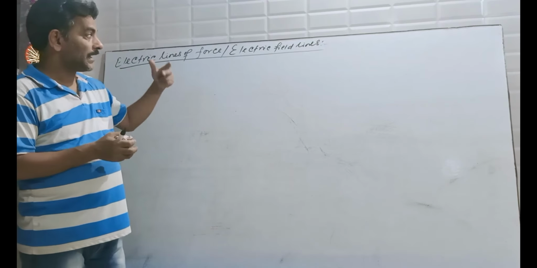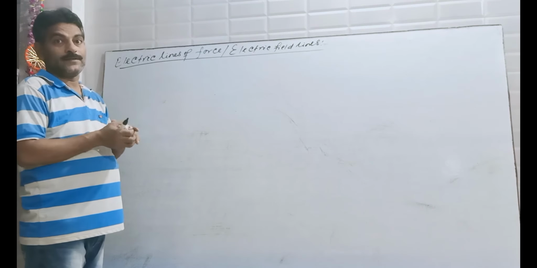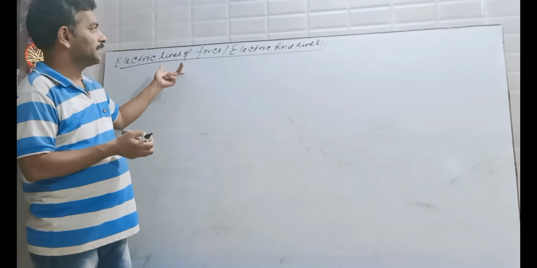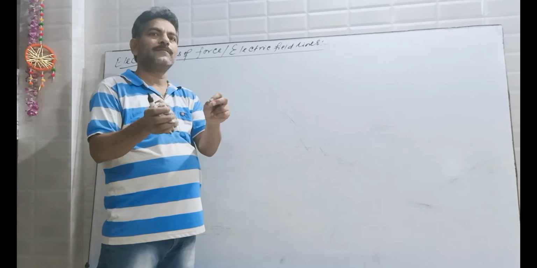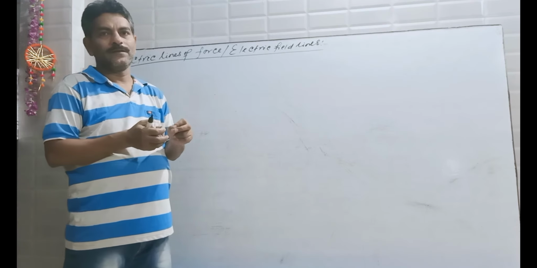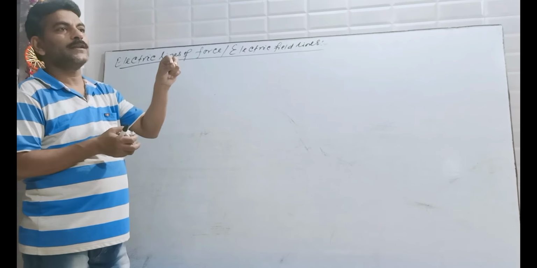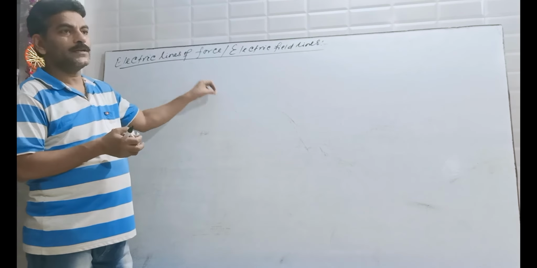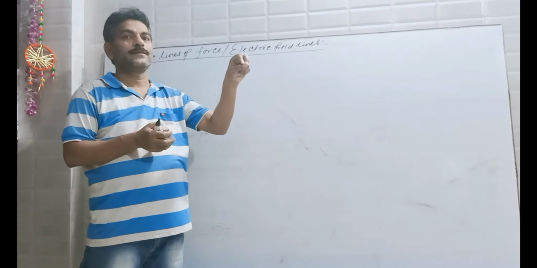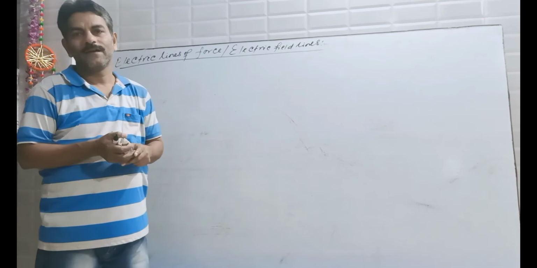So in order to analyze the electric field qualitatively, a geometrical method is used. This electric lines of force or electric field lines is a geometrical interpretation of electric field, a pictorial geometrical method to analyze the direction as well as the strength of electric field.